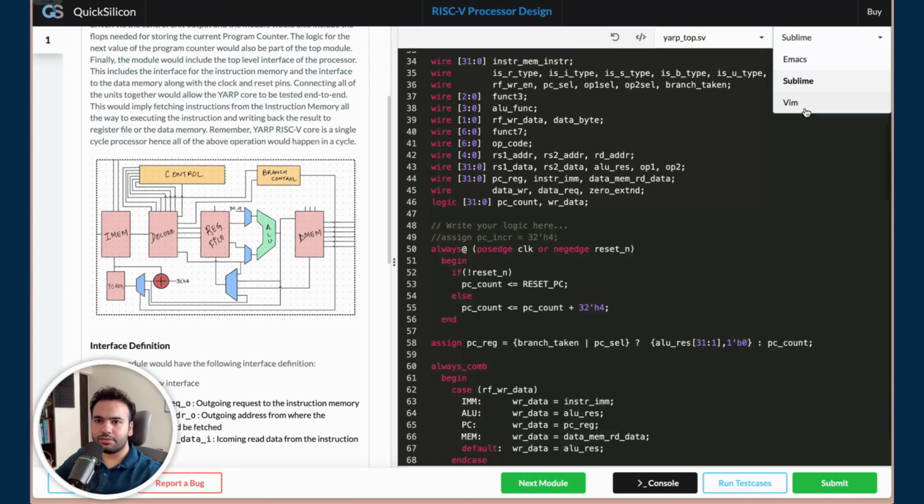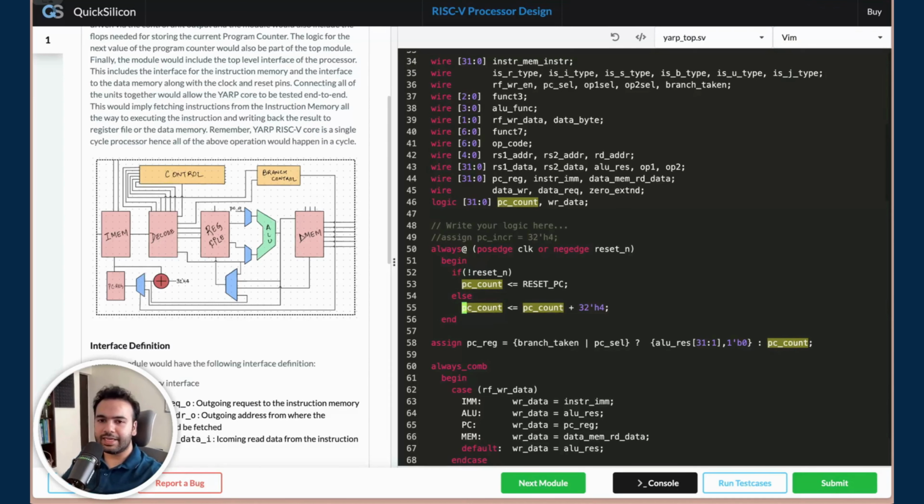Let me change this to Vim. Yeah. So the PC count is something which is basically the next PC count, and this ideally should have been the registered value. So let's call it PC underscore Q. Change this here as well.